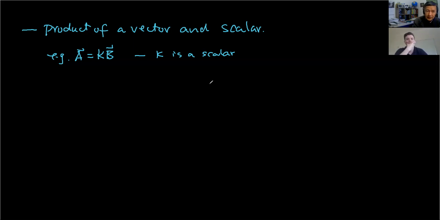Another important thing is that in this case, we can argue that A and B are parallel. Doesn't that make sense? Because no matter what K is, the direction of these two vectors is always the same.